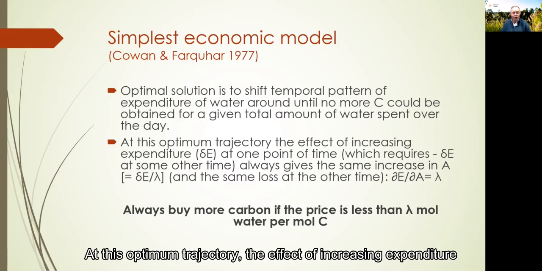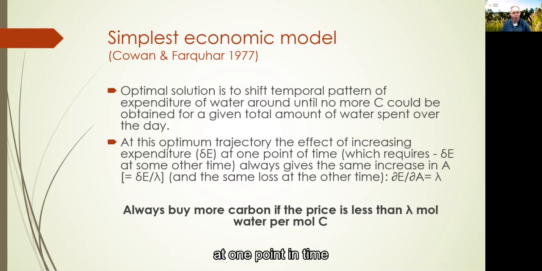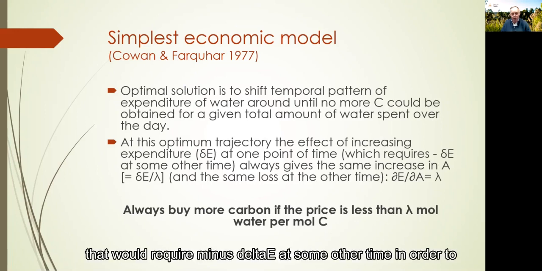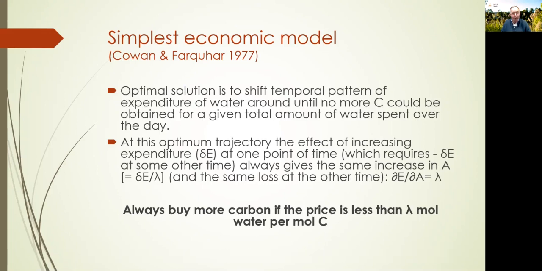At this optimum trajectory, consider the effect of increasing expenditure at one point of time, a small change of transpiration rate, delta E. That would require minus delta E at some other time in order to keep the total constant.